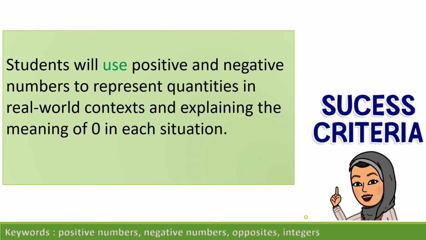Now let's see what 0 means. If the numbers are on the left side, they are the distance from the 0 on the left hand side. If the numbers are on the right side, they are the distance from the 0 to the right side.